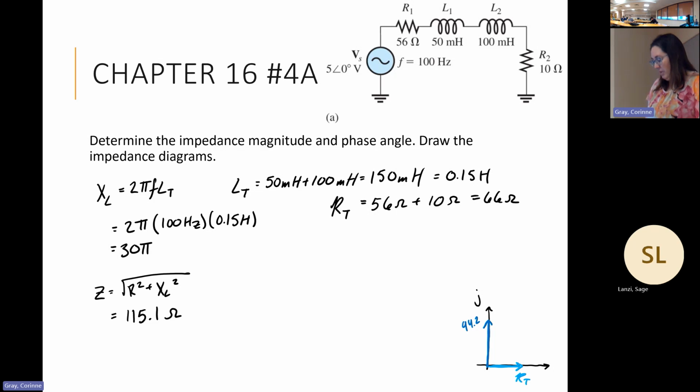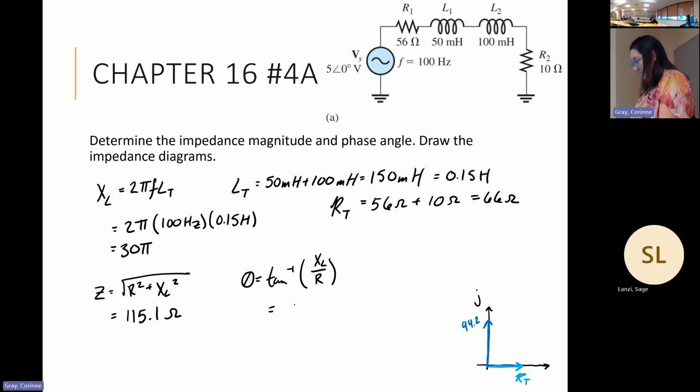So that is going to be the magnitude value. Before we draw this onto our impedance diagram, we do need the angle. It's the inverse tangent of XL over R. So I'll plug in my 30 pi divided by R, my 66.